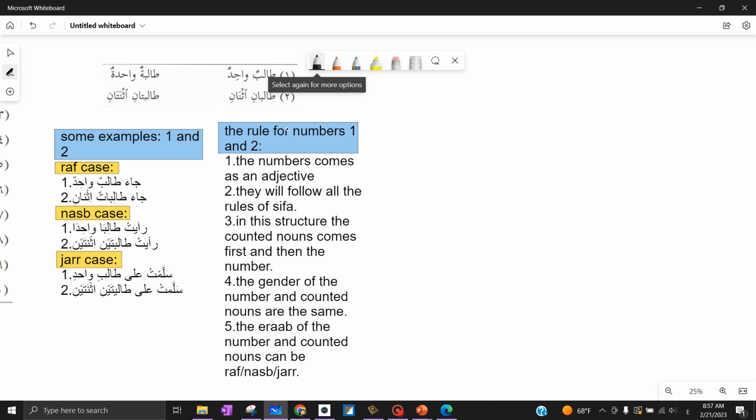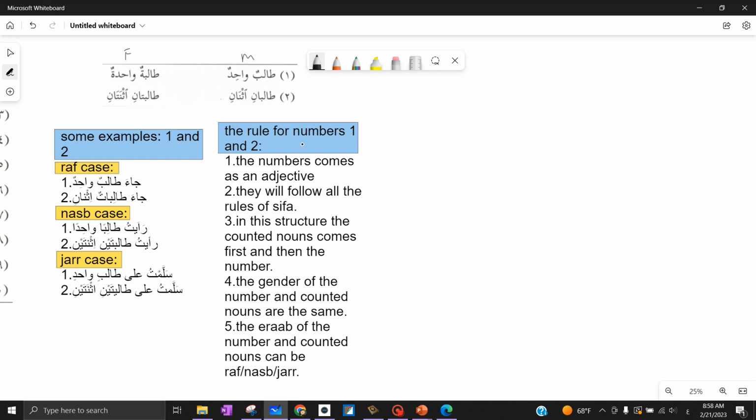Now here you can see the numbers talibun wahidun. Now let's go first through the number rules of 1 and 2. As you can see here, number 1, talibun wahidun, and here it's for male and here it's for female. So what are the rules for 1 and 2?